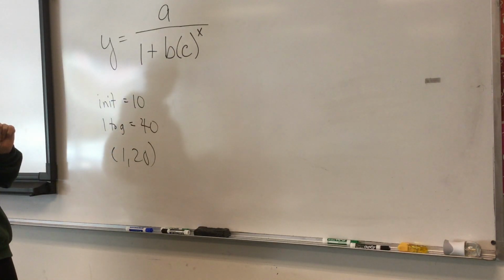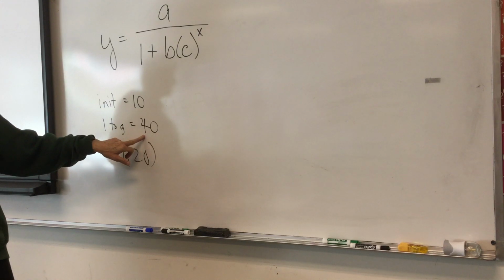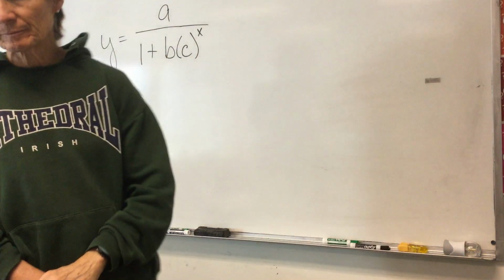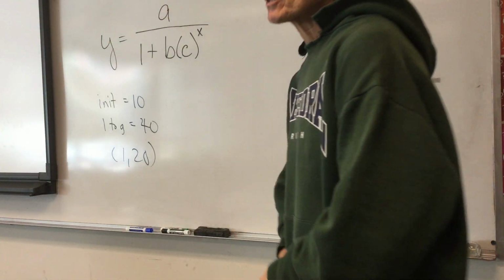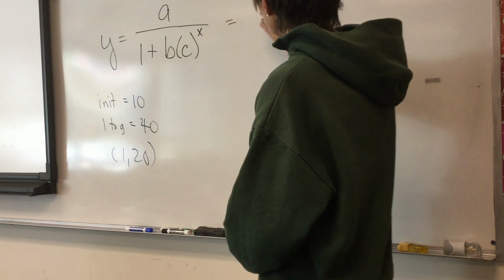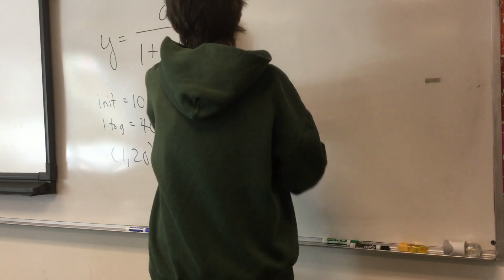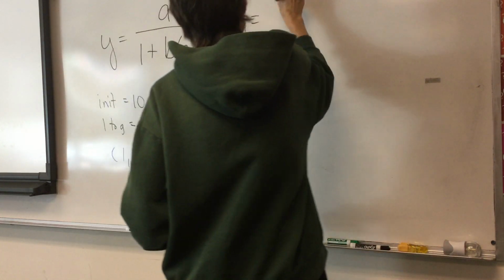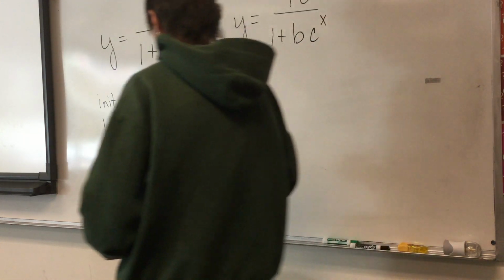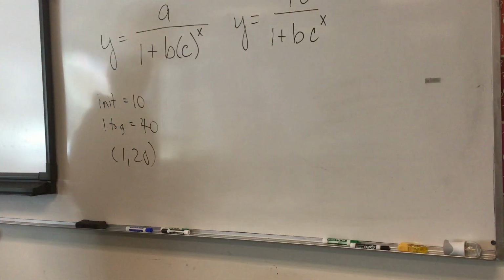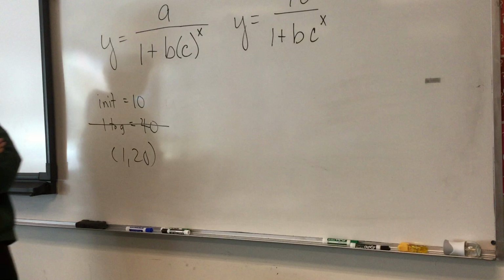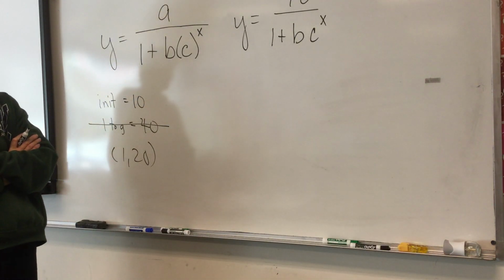A does not equal 10. A equals 40. Isn't that your limit to growth? That's your limit to growth, as long as that's a 1. So you're going to start by putting 40 into your numerator. So that's done.